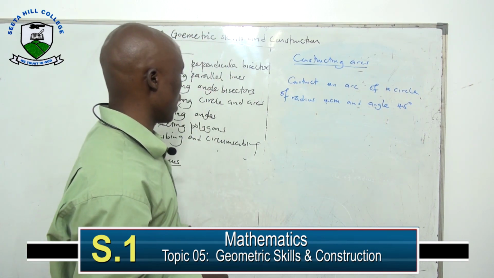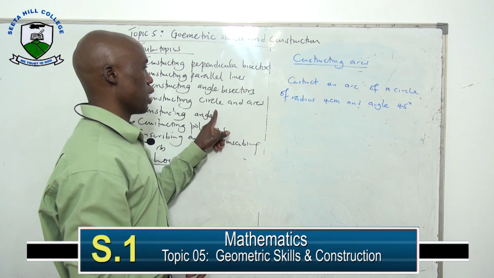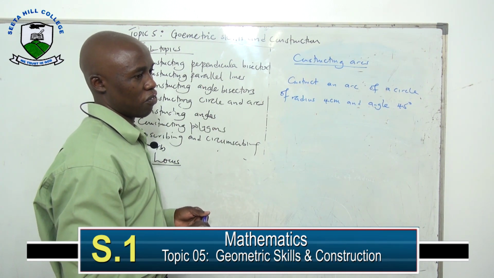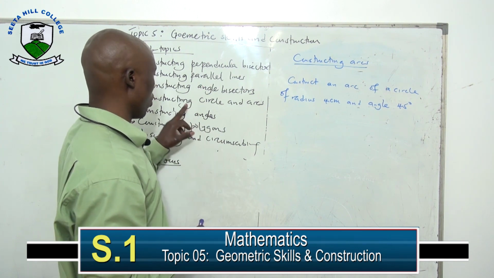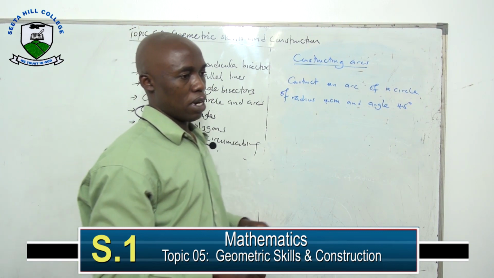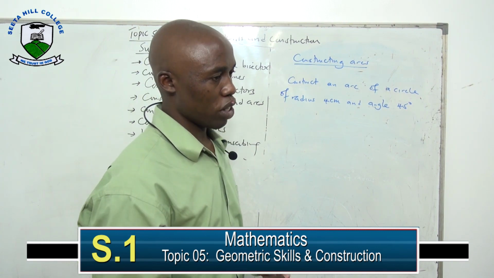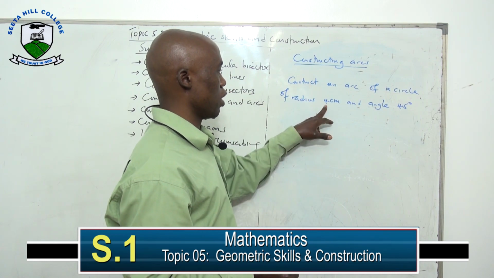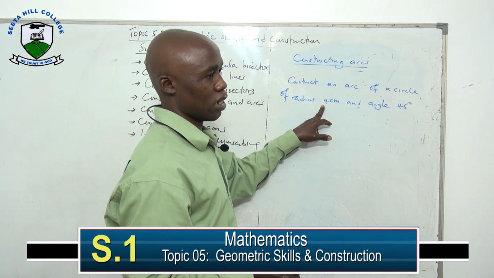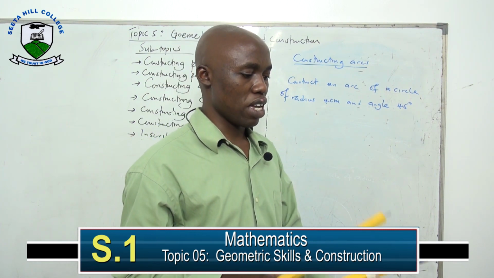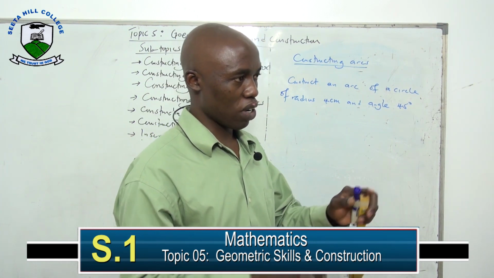Of course, we shall just pick a little on that angle and construct it, knowing very well that we are now going to start constructing angles. Right there we can demonstrate 45 first, then we shall ensure that the radius is 4 centimeters.